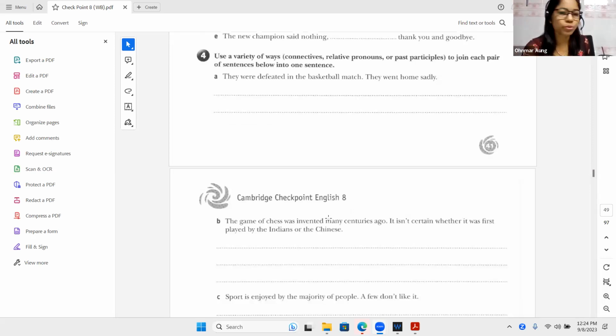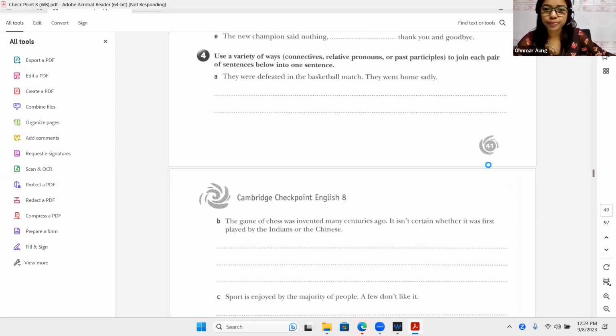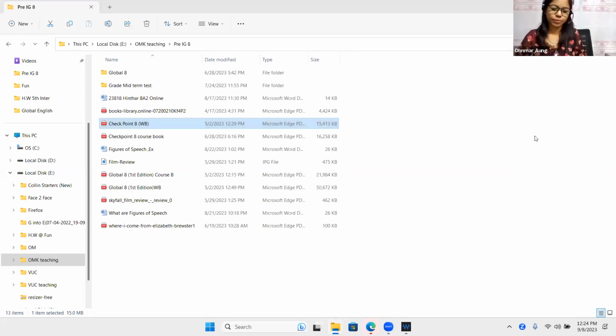So now I will do the student's book. Everybody, let's go to the student's book. For the time being, look at the book. I could not share the screen at once. And for using the board, delete out.